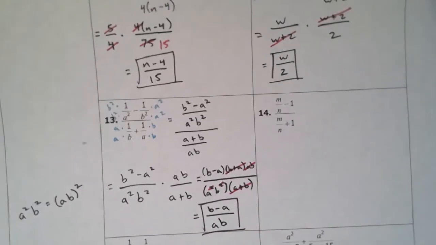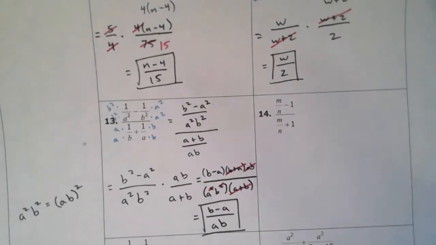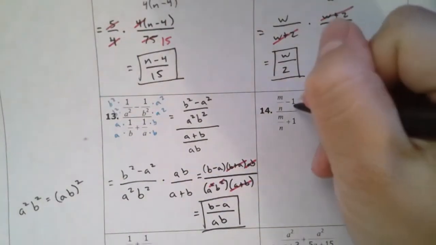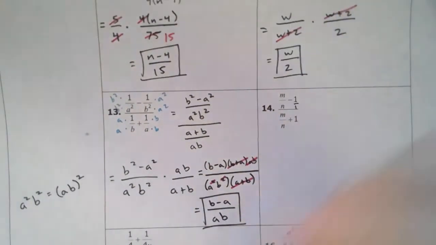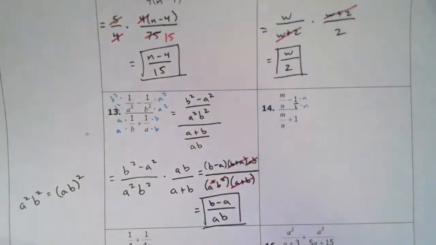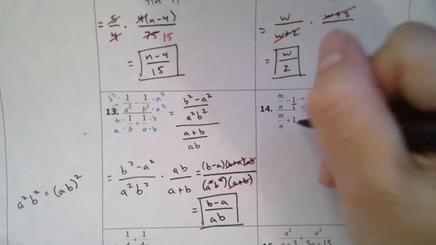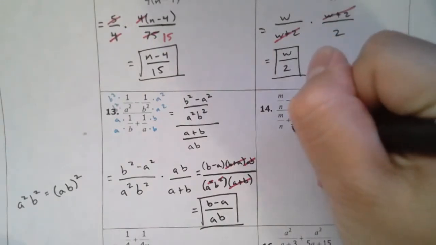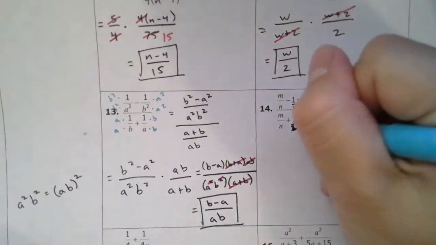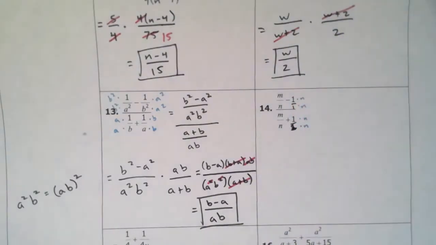14. Wow, they're getting very tedious. So to combine the numerator here, this is really over 1. I would multiply top and bottom by n, and then here same thing. That's really over 1, and I would multiply top and bottom by n.